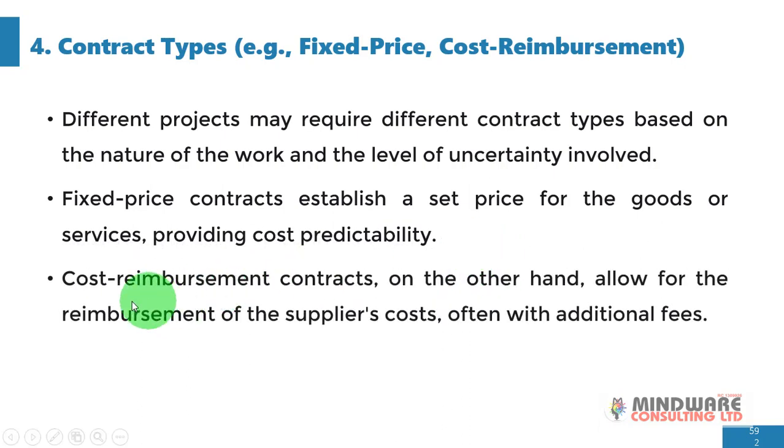Now, cost reimbursement contracts, on the other hand, allow for the reimbursement of the supplier costs, often with additional fees. Now, in this type of contract, when there is a difference in price or a change in price or an additional expenditure on the part of the supplier, the project manager, the project team, or the project organization is responsible for reimbursing the supplier those costs.